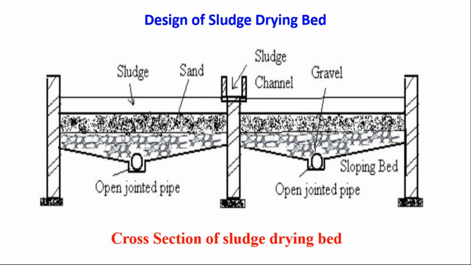So percolation of water through these sands, through these pebbles, and this water can be easily removed. So the solid contents are more in this sludge. So this is the basic design of this sludge drying bed.